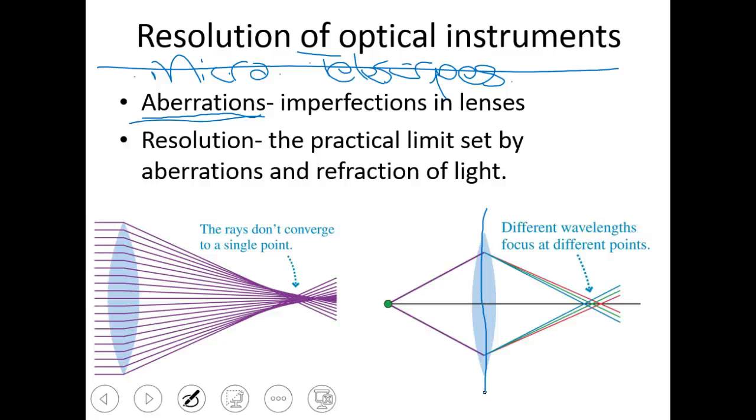The other interesting thing is that resolution is the ability to tell the difference between two objects that are very close together. Your eyes actually have a resolving power, and you're probably familiar with this. If you're driving somewhere at night and there's an oncoming car that's very far away, it just looks like one light.